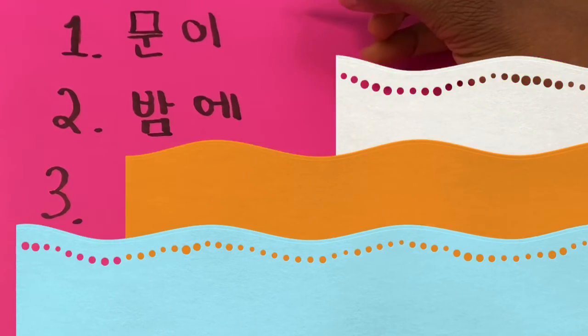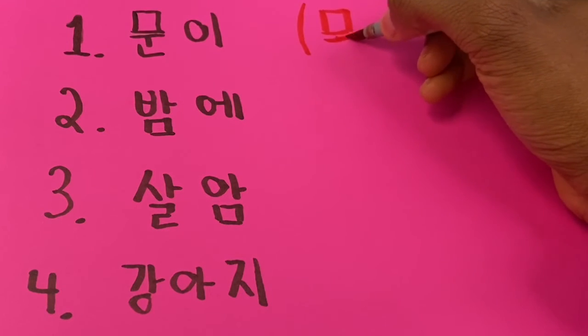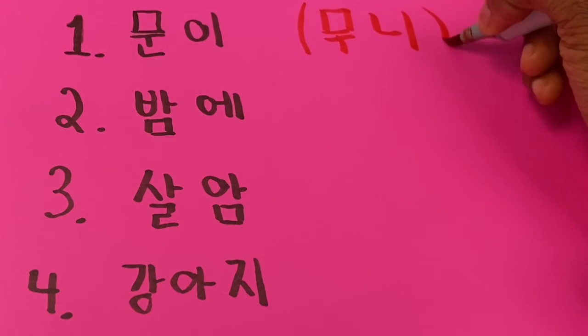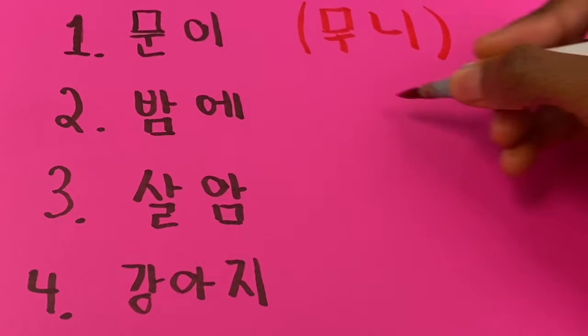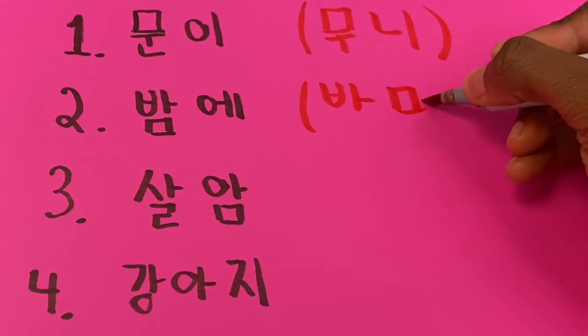Let me tell you guys about a Korean reading rule real quick. Basically, if something has a 받침 and the next part starts with 이응, the 받침 sound will carry over. Let me show you so that makes more sense. So the first one is spelled 문이, but as you can see in parentheses, it's pronounced 무니. The second one, it's spelled 밤에, but it's pronounced 바메.